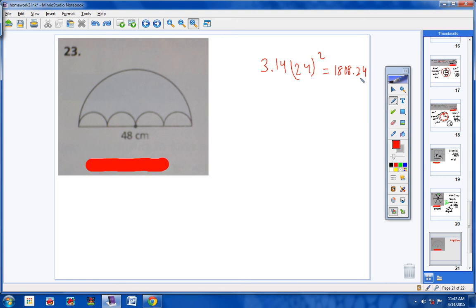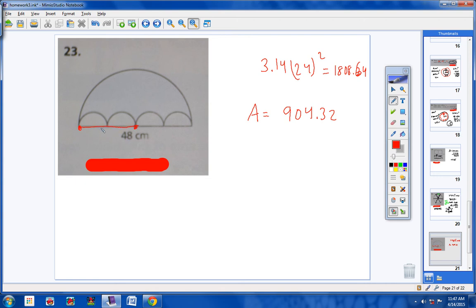We got to divide that in half. So, I'm sorry, it's 0.641. 1808.64. Divide that by 2 and you'll get 904.32. So the area of the semicircle is 904.32.